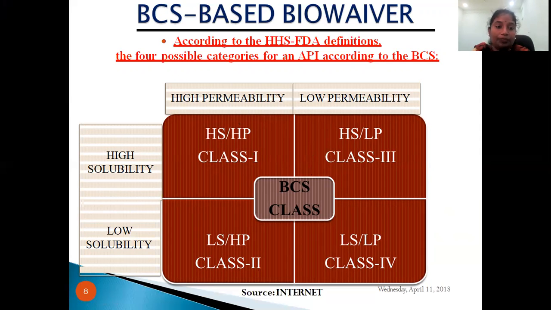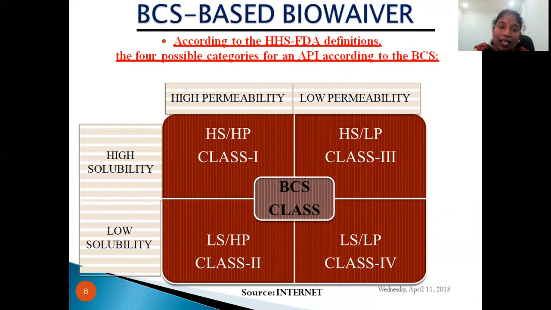Class 2 drugs: the bioavailability of these products is limited by their solvation rate. These drugs have high absorption but a low dissolution number.